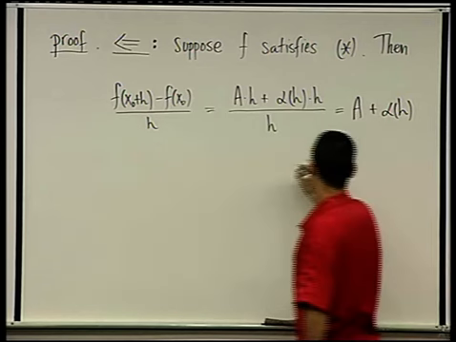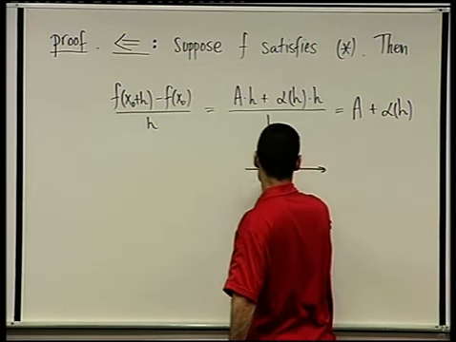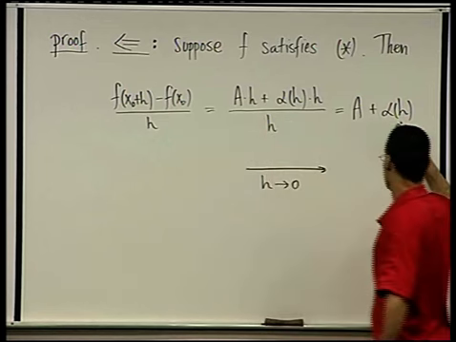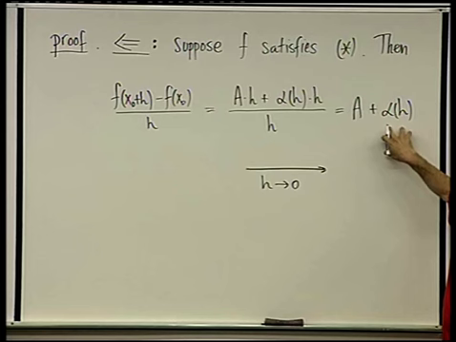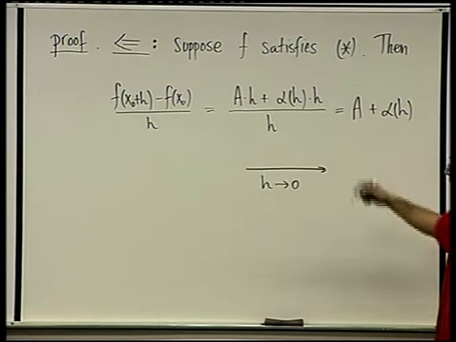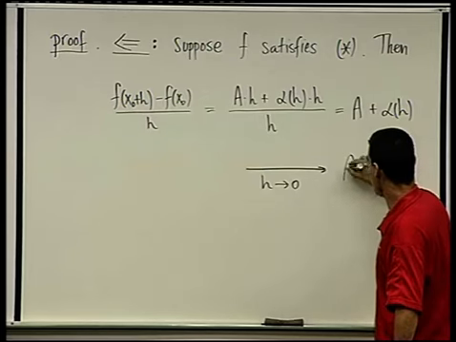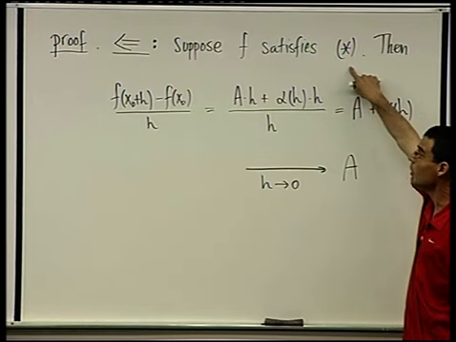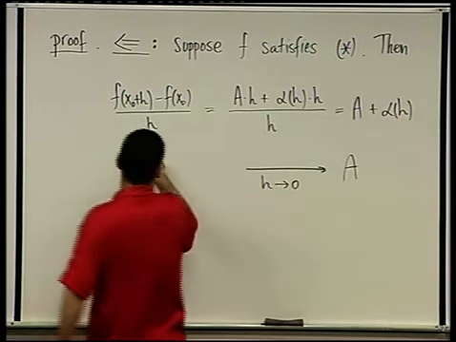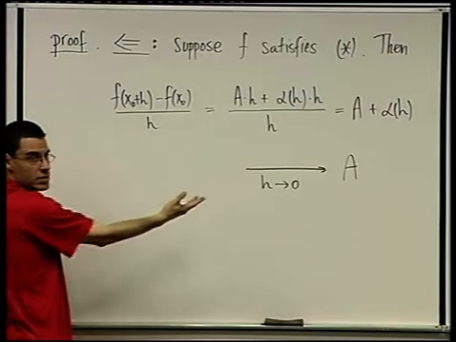And when h goes to 0, star assumes that alpha of h goes to 0, right? That's given when we're proving that direction. So this goes to a. Do you agree? So what did we just show? We showed that if star holds, then the limit of this thing as h goes to 0 exists.